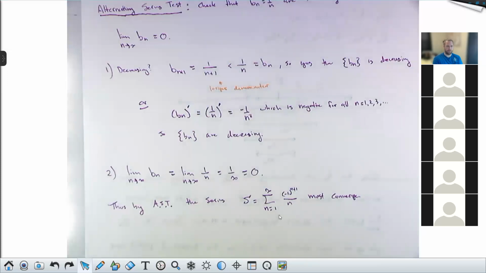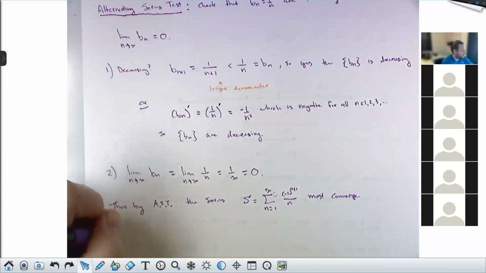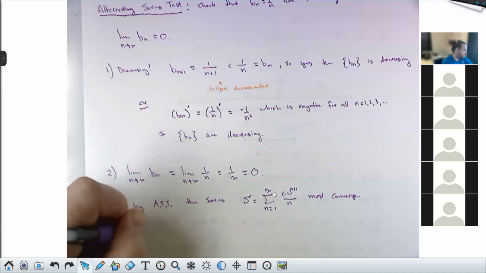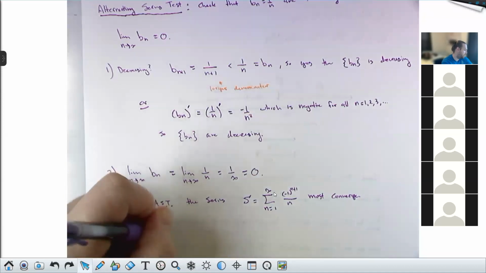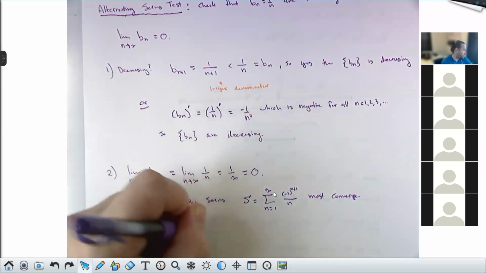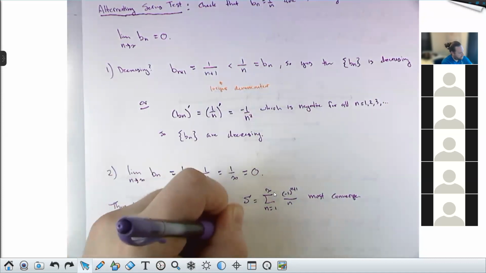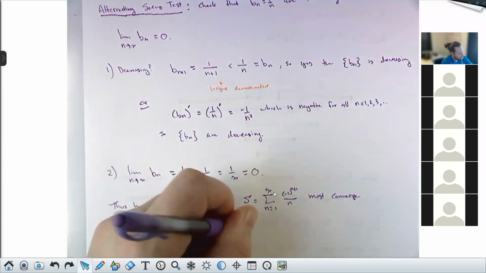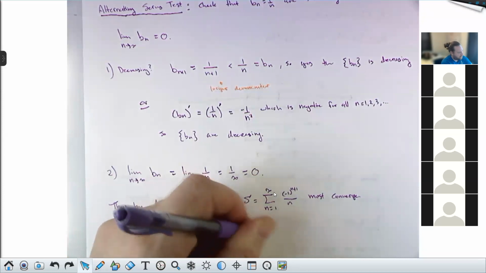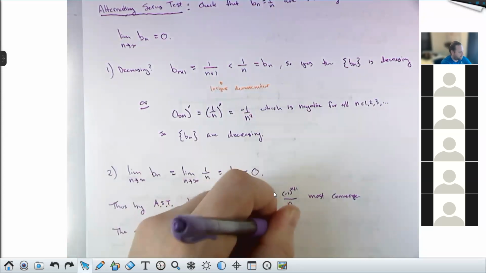There's a special name for series like that. They're called conditionally convergent. And I'll talk about that more later. There's a name for this series. It's called the alternating harmonic series.